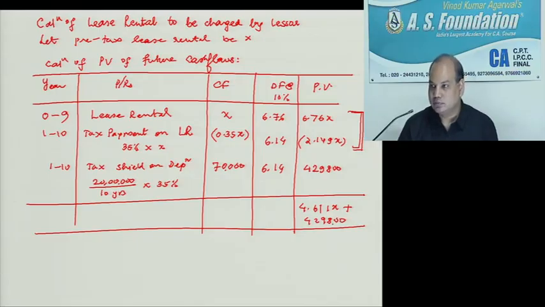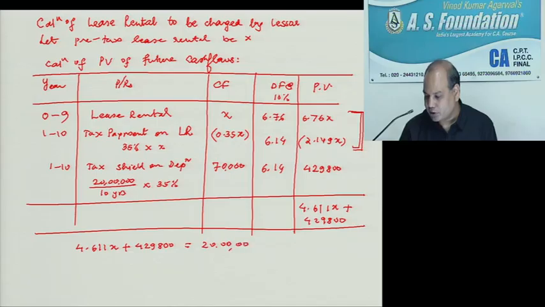Is it right? Now write down below 4.611x plus 4,29,800 should be equal to how much amount he has to invest in this asset? 20 lakh. So after all exercise, your X is equal to 3,40,000.